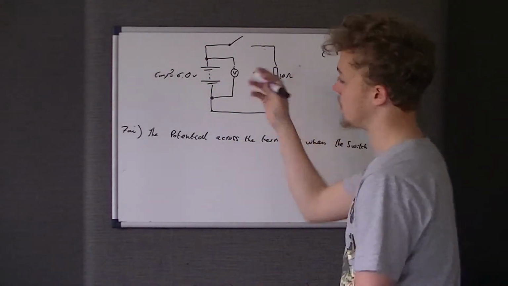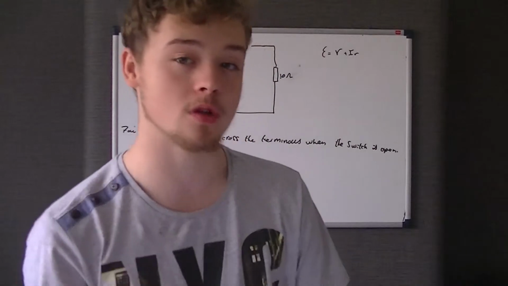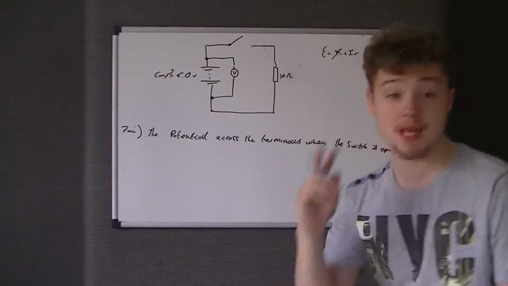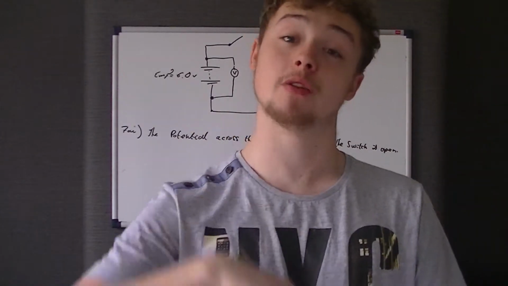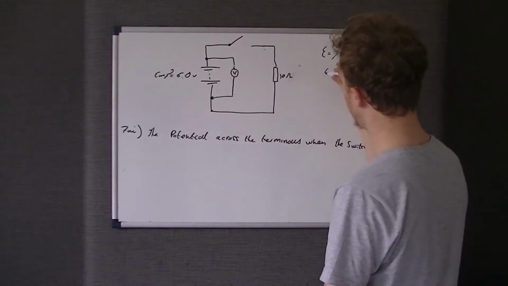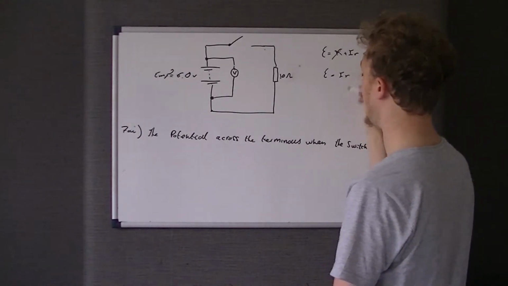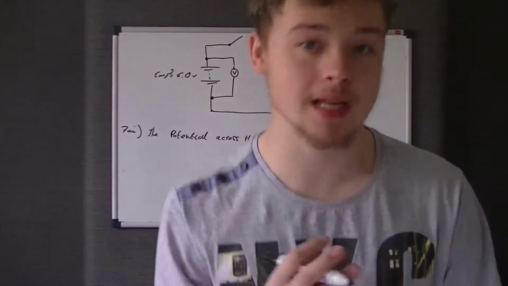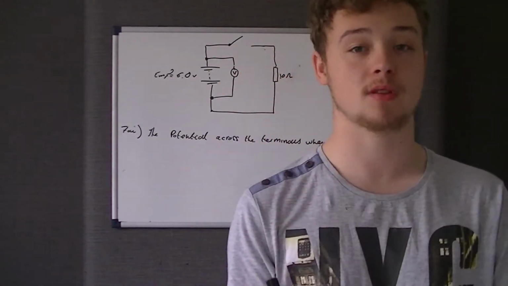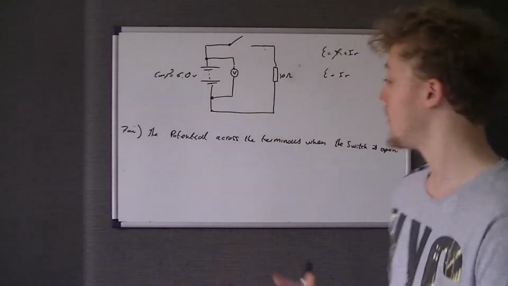If we take that out, because we've opened the switch, in other words, not completed the circuit, we cross out that big V, the V that takes into account the potential difference of all components in the circuit. Therefore, E is equal to I times little r. That is still I times r, so it's still a potential difference, but it is the potential difference of the battery.